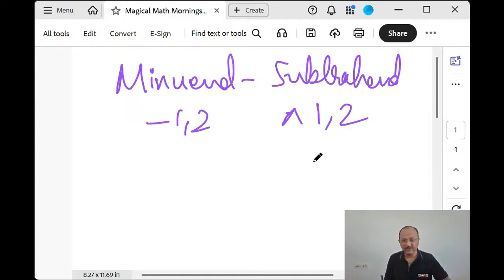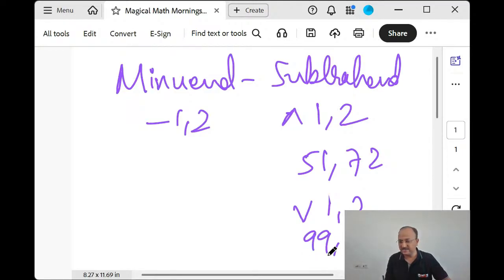That means if it is 51, 72, like this, we are going to subtract here. If the subtrahend is lesser by 1 or 2, that means like 99 or 198 and all, here to make this closer to 100, we are going to add 1 or 2. Just opposite we have to do it.